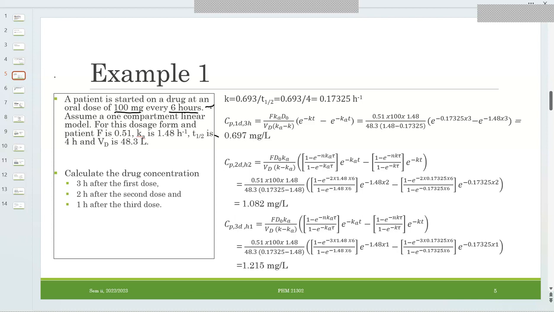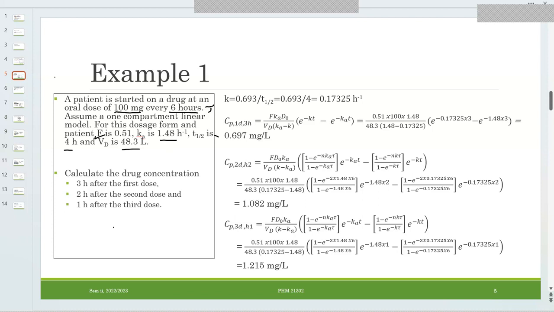The dosage interval, tau, is 6 hours, and you have the value of bioavailability. Now we have to use F in case of oral absorption. 0.51 means 51%. Ka 1.48, T half is 4, Vd is 48.3.